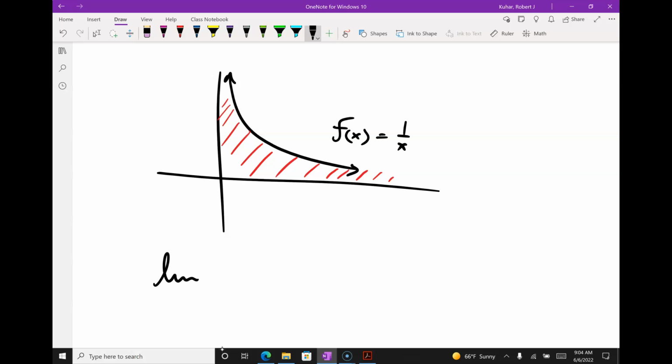The limit as x goes to infinity of 1 over x is kind of questionable. Well, we know the limit is 0, but how do we find the area in that case? How do I keep adding up all that area is the problem. And of course, the limit as x goes to 0 from the right of 1 over x is positive infinity.